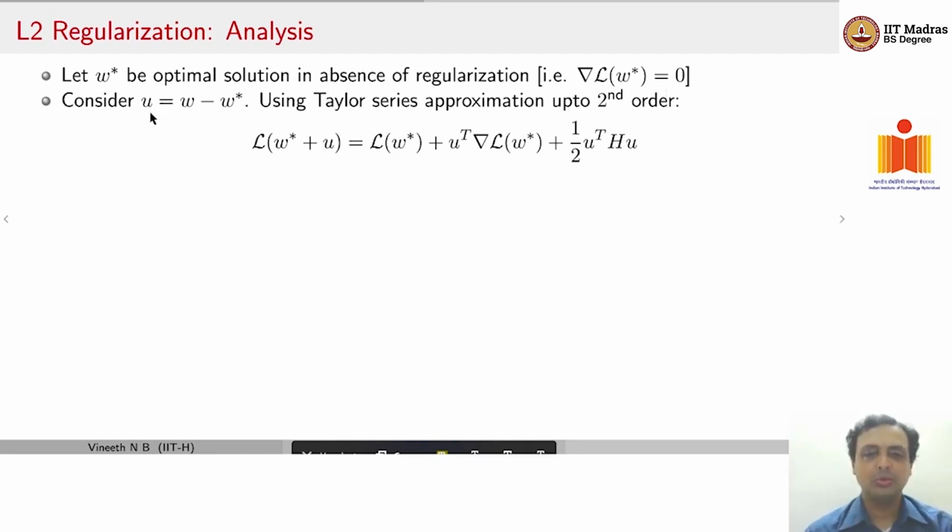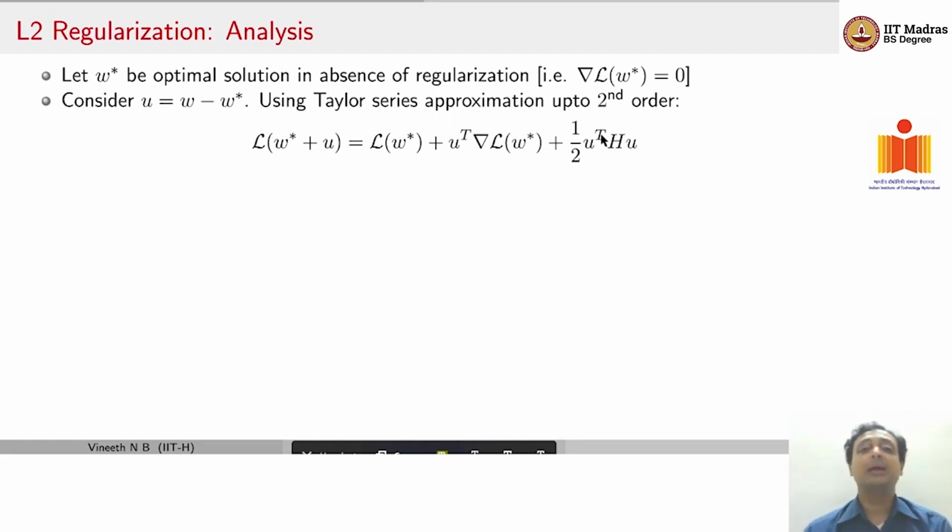Let's now consider a term u which is given by w minus w star. Let's write a Taylor series expansion of the loss function at w star plus u. By Taylor series expansion, this is given by L of w star plus u transpose grad L w star plus half u transpose H u, where H is the Hessian of the loss with respect to your weights.